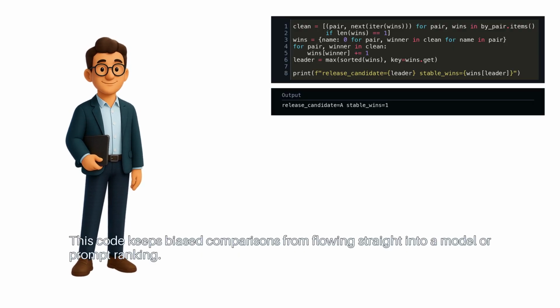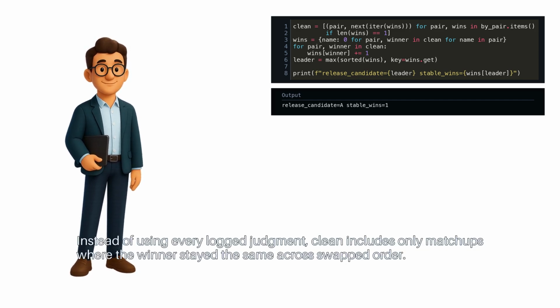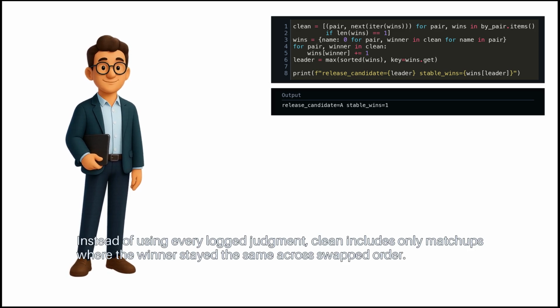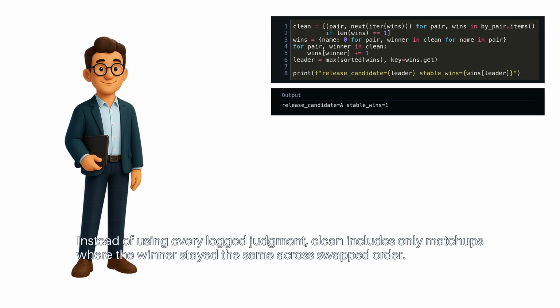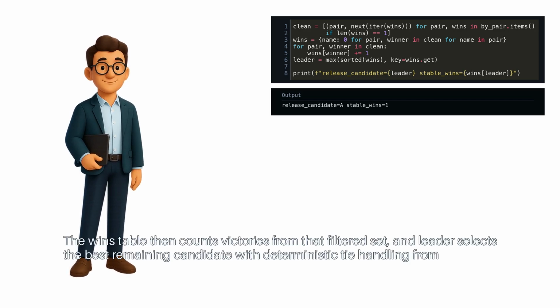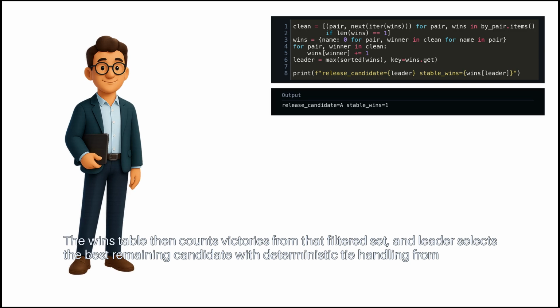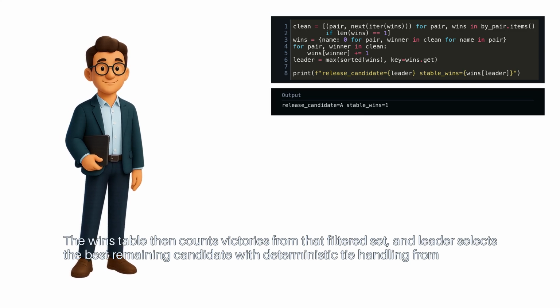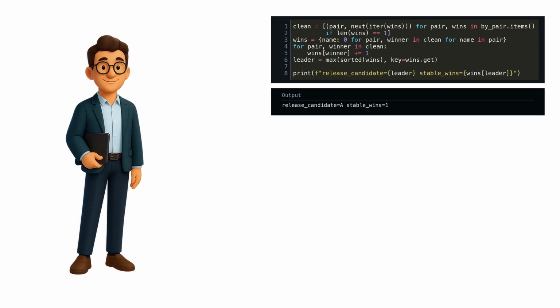This code keeps biased comparisons from flowing straight into a model or prompt ranking. Instead of using every log judgment, clean includes only matchups where the winner stayed the same across swapped order. The wins table then counts victories from that filtered set, and leader selects the best remaining candidate with deterministic tie handling from sorted wins.